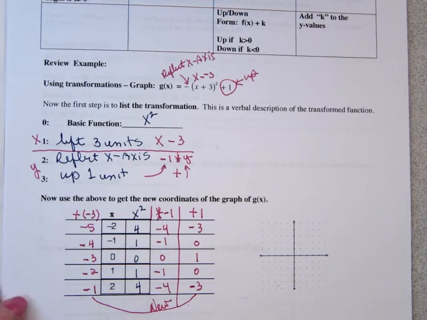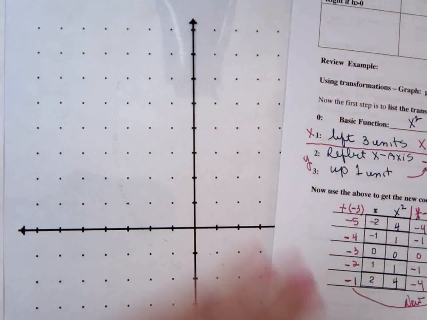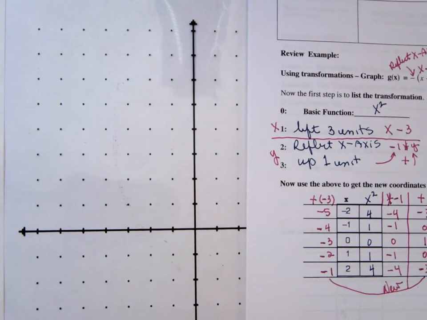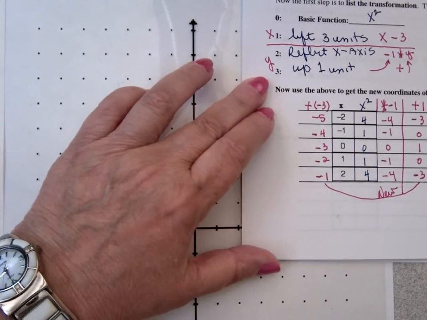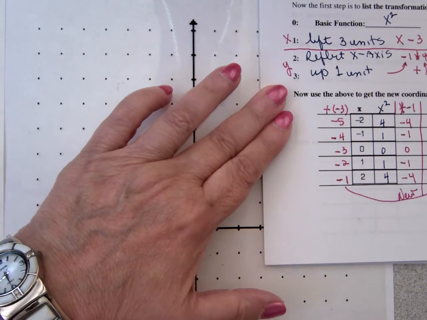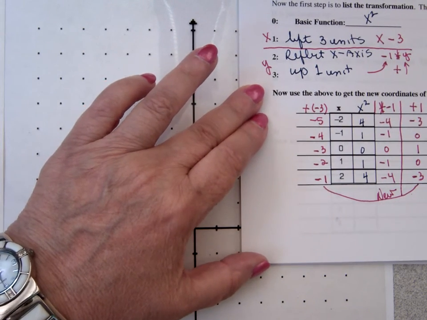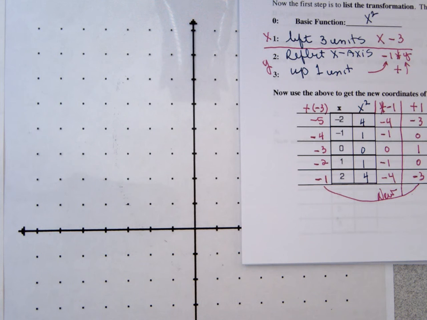So as a result, I wanted to try to get this in my graph paper in one place, if at all possible, and I don't think I'm going to be able to do that. Okay, and so as I look at this, it is negative 5, negative 3. 1, 2, 3, 4, 5, negative 3.